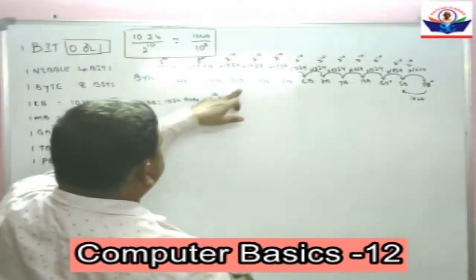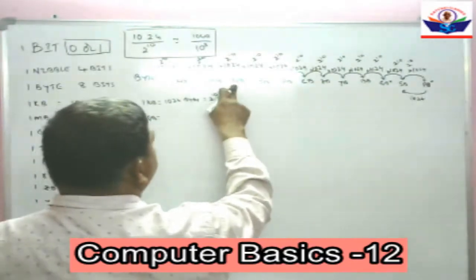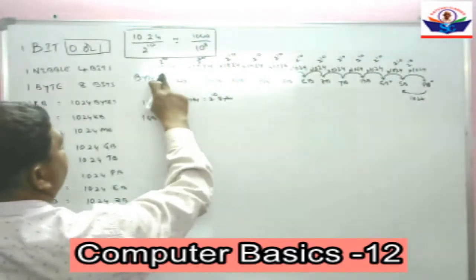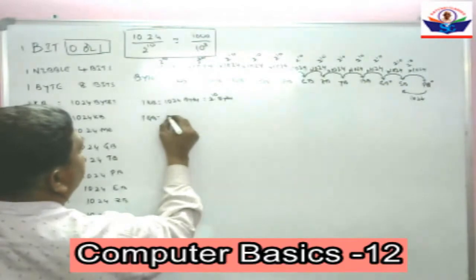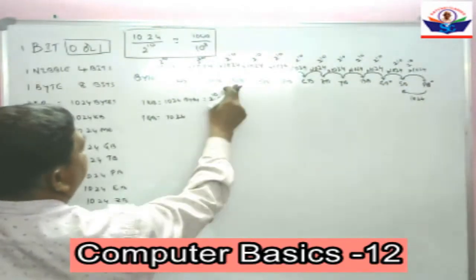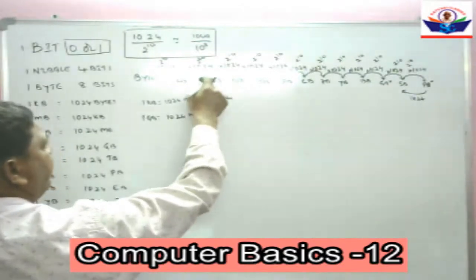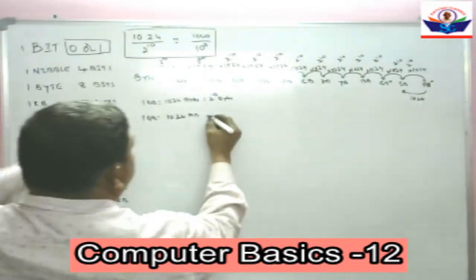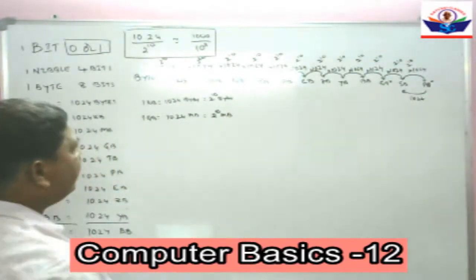By seeing this way, how many times do you have to write? 1 GB is equal to 1024 MB, which is equal to 2 to the power of 10 MB.